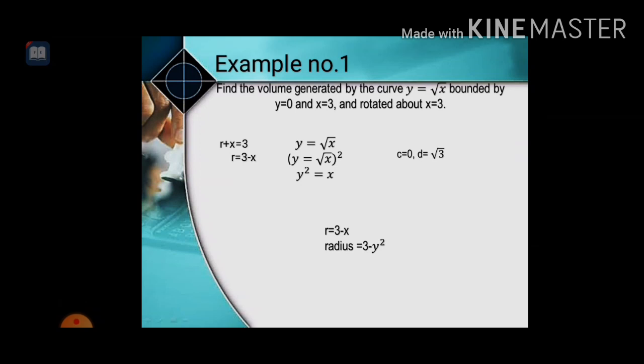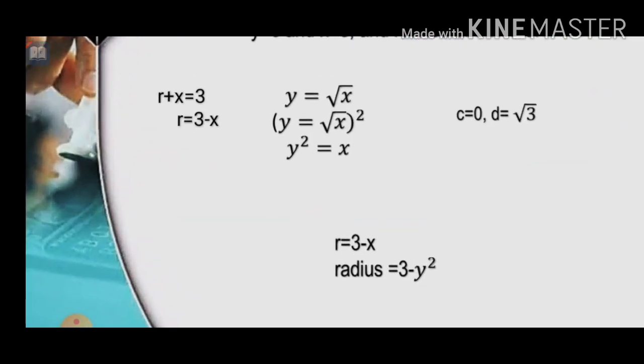So in example number 1, find the volume generated by the curve y is equal to square root of x bounded by y is equal to 0 and x is equal to 3 and rotated about x is equal to 3. So r plus x is equal to 3. If we transfer the x to the other side, the sign is changed.